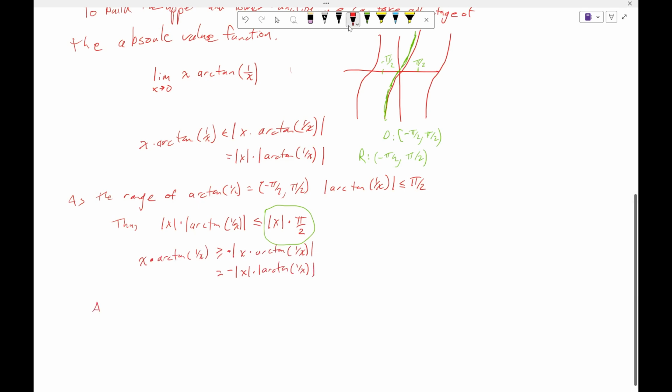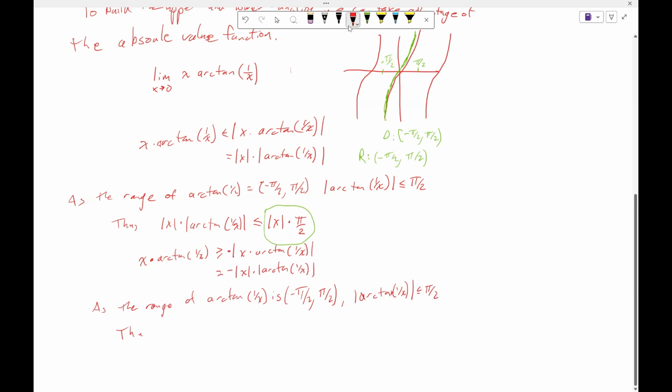As the range of arctan of 1 over x is minus pi by 2 to pi by 2, the absolute value of arctan of 1 over x is less than or equal to pi by 2.